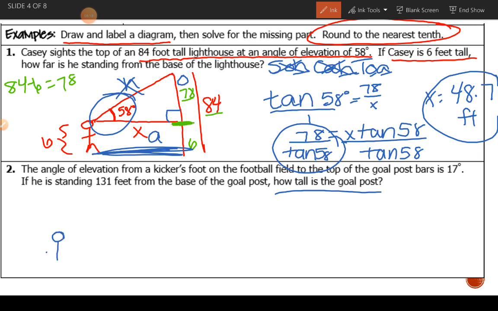So we have a kicker, and he's kicking a ball. So we have a ball here, and he's kicking it. He's 131 feet away from the goalpost. Okay, and he's kicking it at an angle of elevation of 17 degrees.